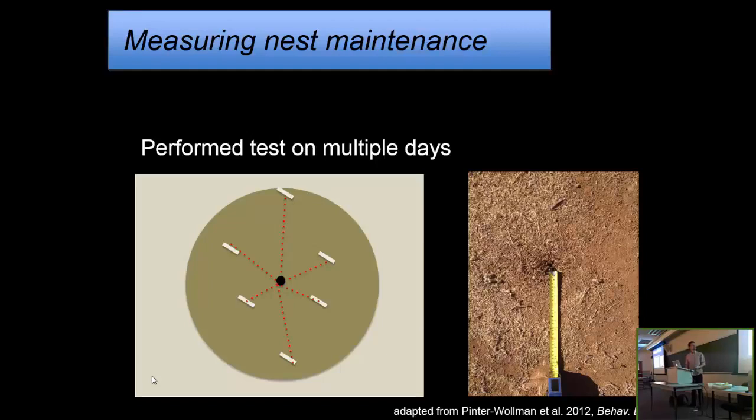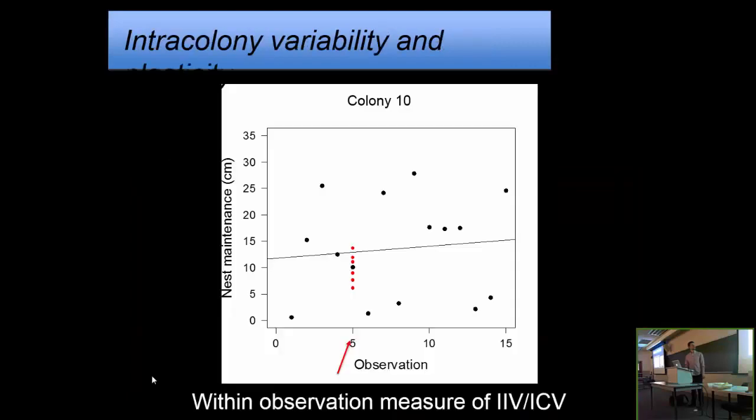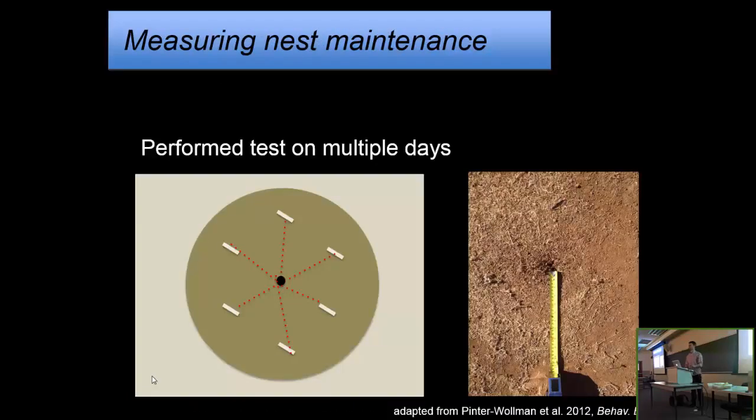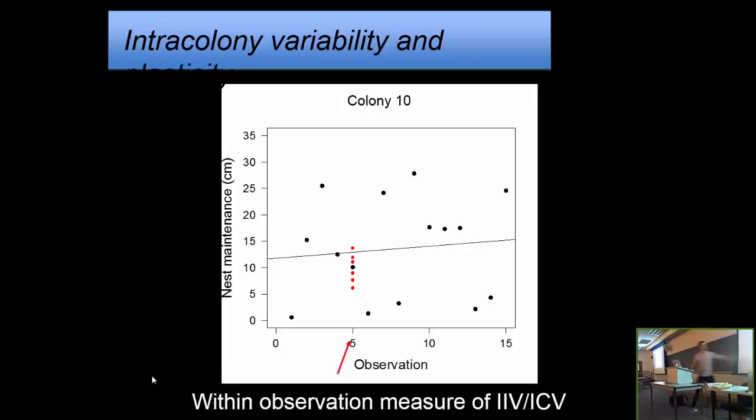So you could see an individual with the same mean may be more or less variable on a given day. We know that individuals differ across days, but within a day, we actually have a number of measurements of nest maintenance behavior that may be more variable or less variable.